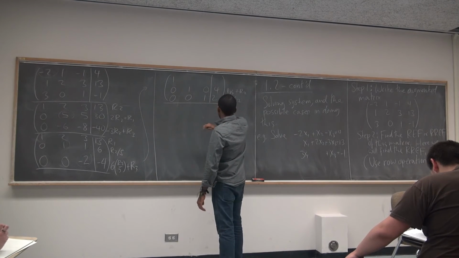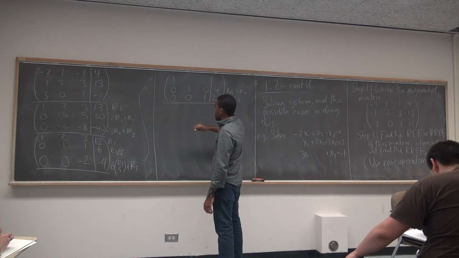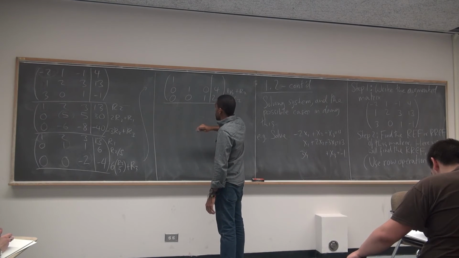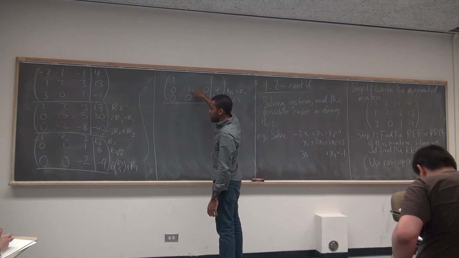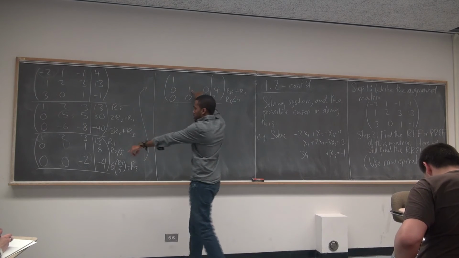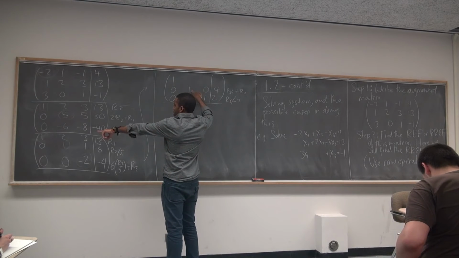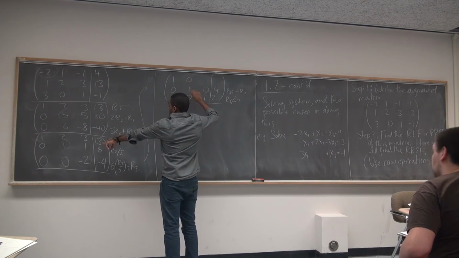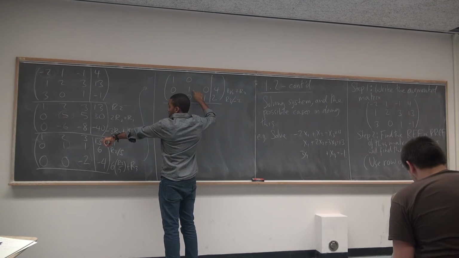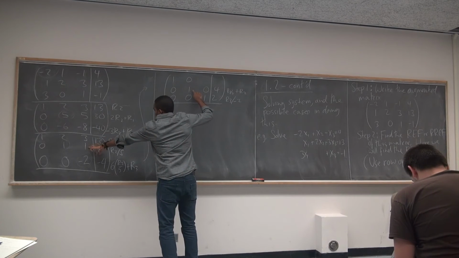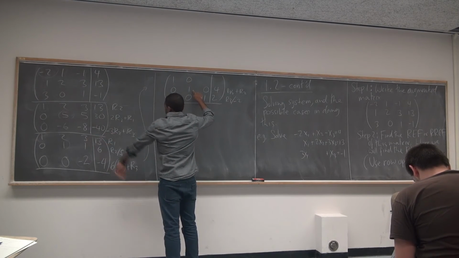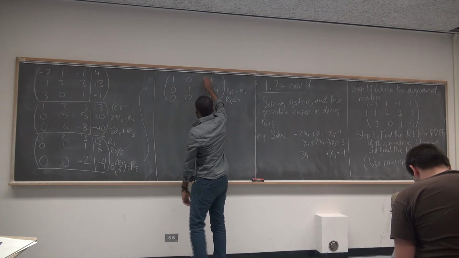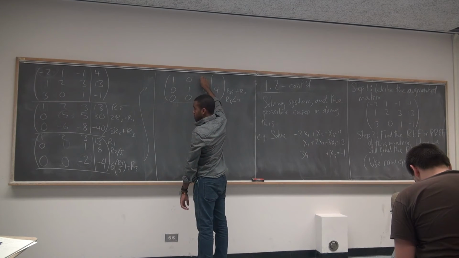How am I going to kill that 2? -2 times the second row plus the first row. If I take -2 times this and add it to that, I have 0 and 1, okay? -2 times this plus that, 0. -2 times this is -5. -2 plus 3, -1, just positive 1.